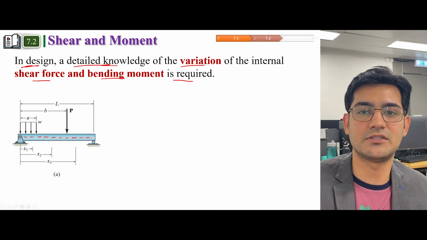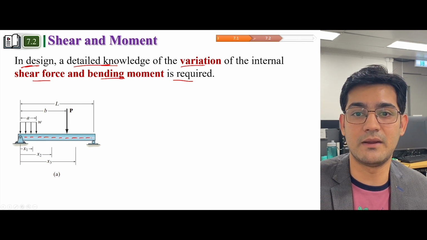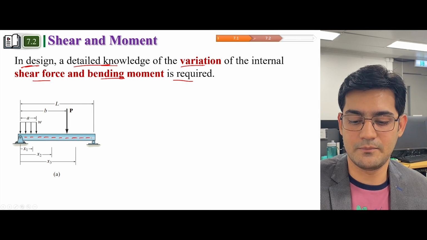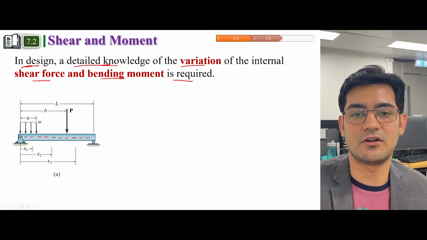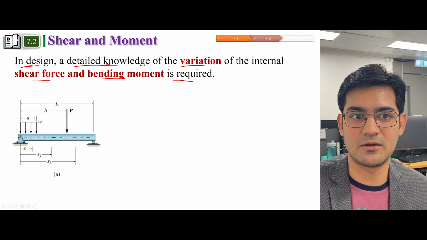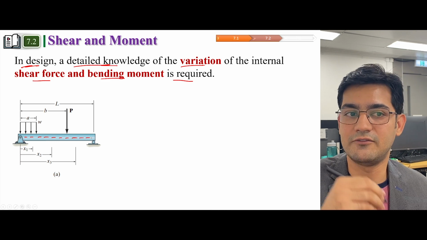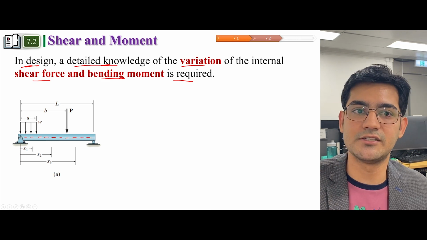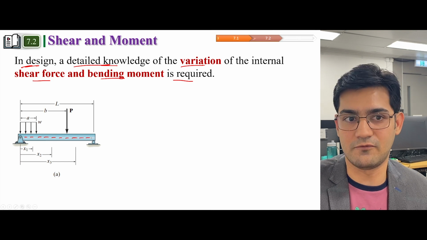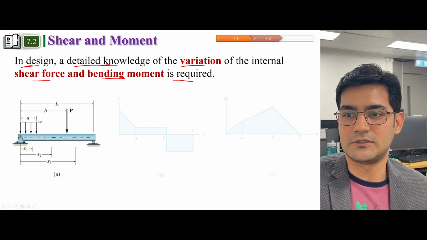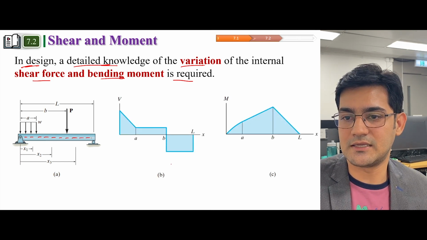But what we are interested in is to calculate the shear force and bending moment at all points, because we want to design the structural member, and in order to do that we need to know the variations of the shear force, the bending moment and the normal forces. Now these figures help us to understand.